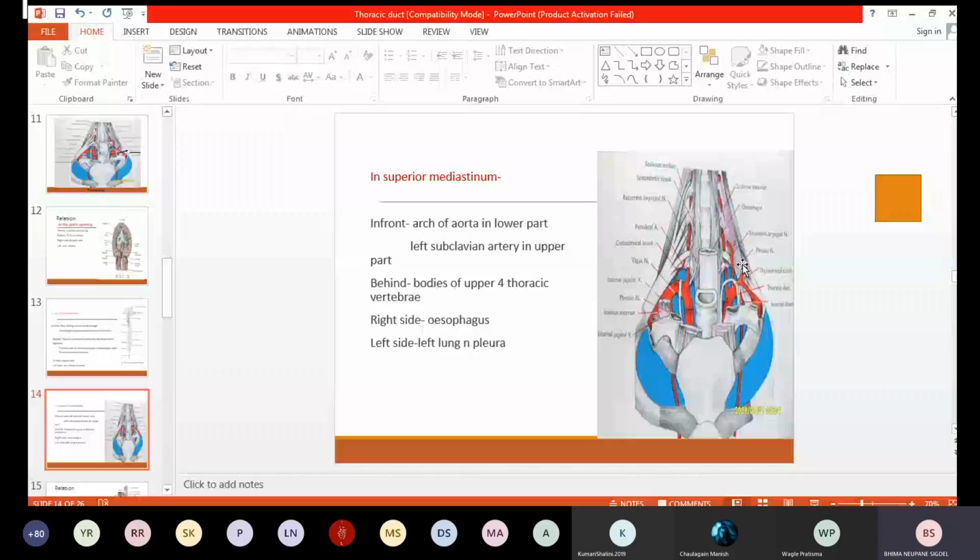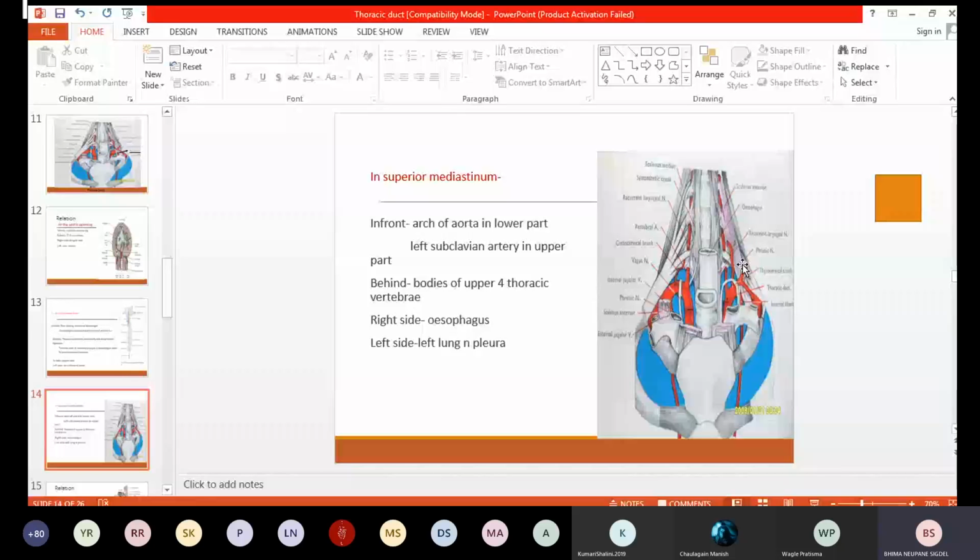So two structures are anteriorly related: the arch of the aorta, and after that its own branch, the left subclavian artery, anterior to the thoracic duct in the superior mediastinum.